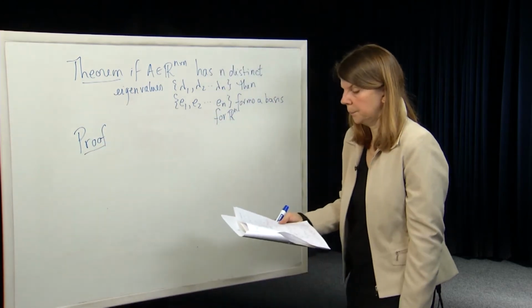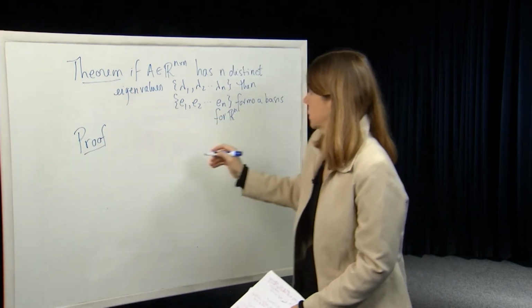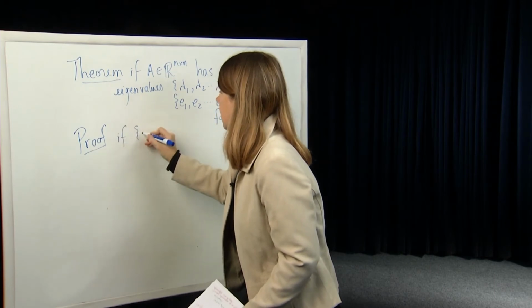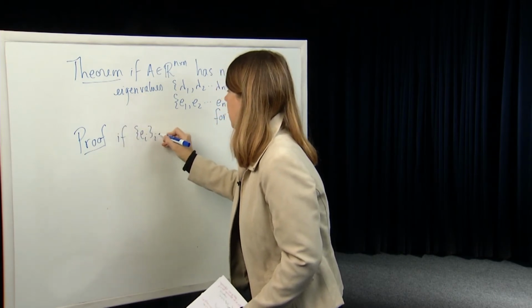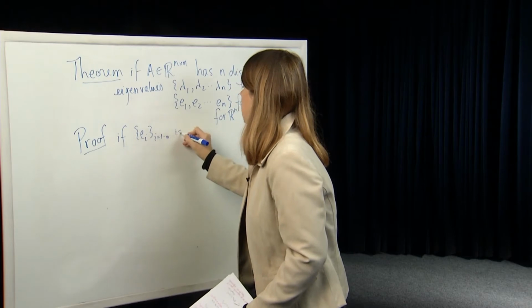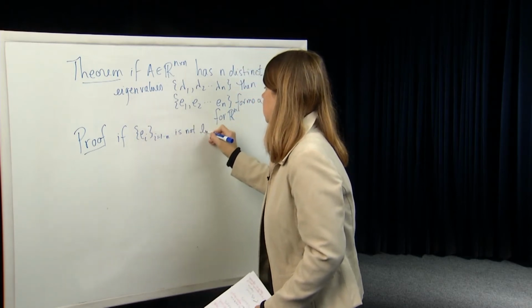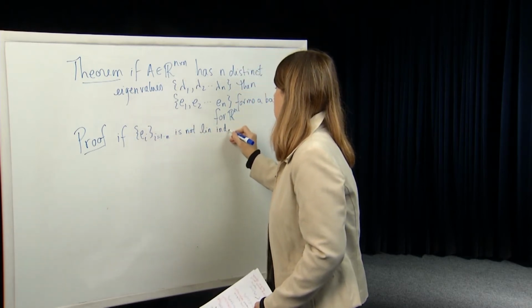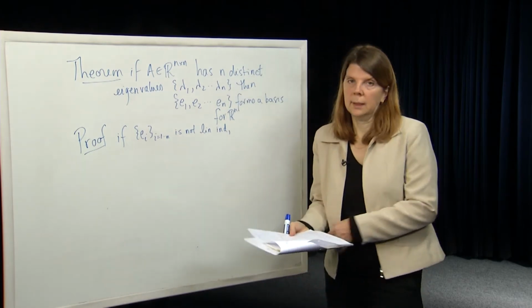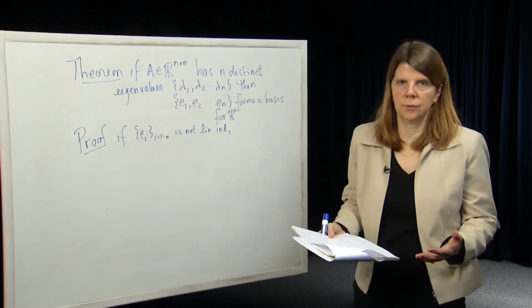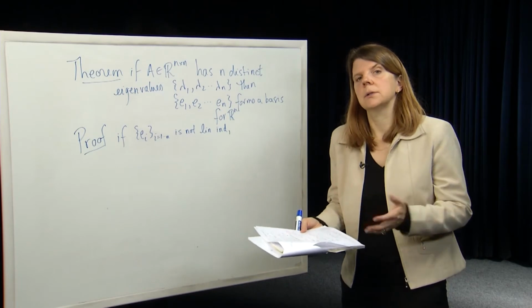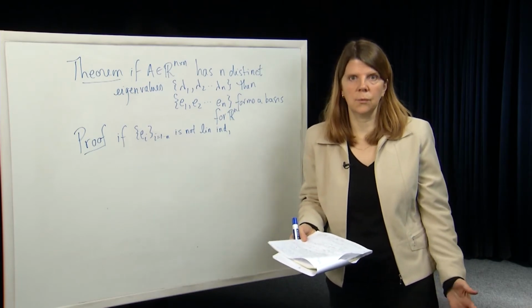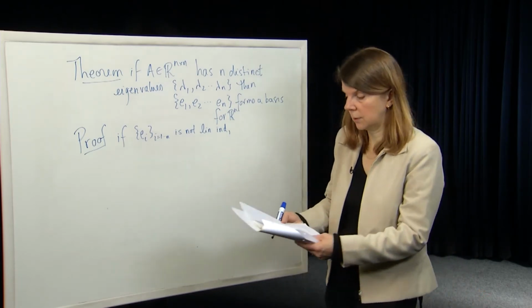So if the set Ei, for i equals 1 up to n, is not linearly independent, then we can write some linear combination of them such that the coefficients are not all 0, yet the overall linear combination equates to 0.